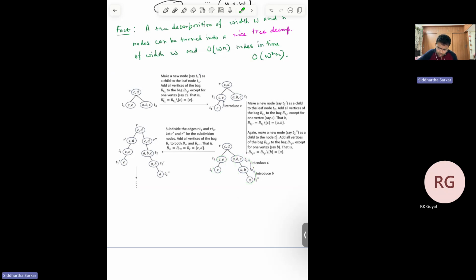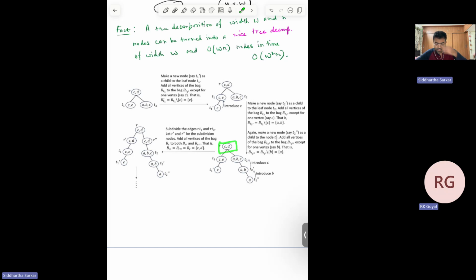Now, where is the problem that is not letting us call it a nice tree decomposition? Why is it still not nice? Because what about the root node CD? How would we classify the node CD?